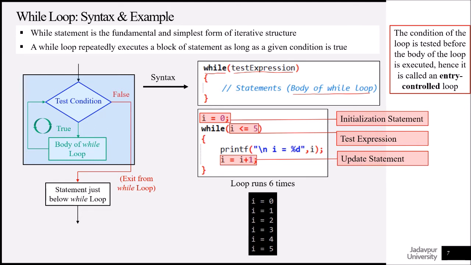So would this test expression ever become false? It would never become false because it goes in the opposite direction to positive 5. The value of I would move in the negative direction. And whenever the condition is tested, it will give back a true answer. Again, an infinite loop will be set up.